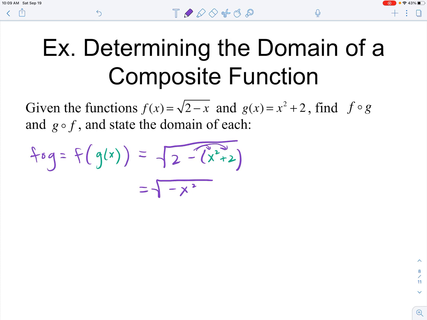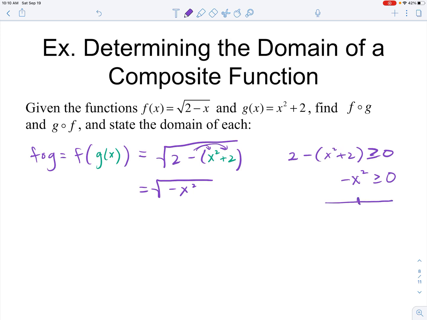Notice that if you took from that first line 2 minus the quantity x squared plus 2 and said that has to be greater than or equal to 0, when we simplify that left side there, we just end up with negative x squared must be greater than or equal to 0. This is a quadratic inequality.